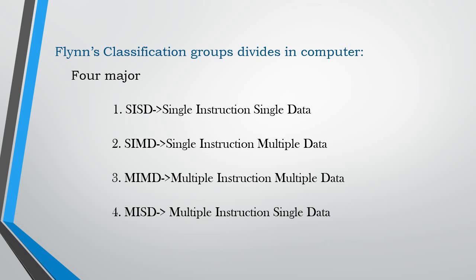And the next one is MIMD. The MIMD organization refers to a computer system capable of processing several programs at the same time. Most multiprocessor and multicomputer systems can be classified in this category.